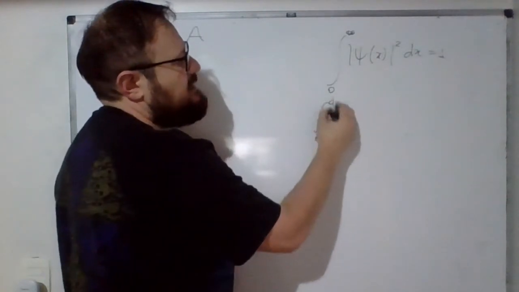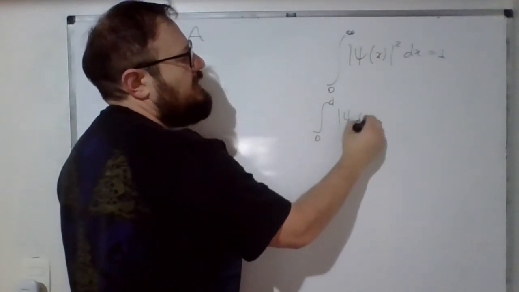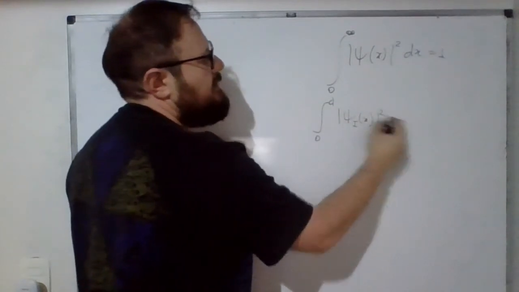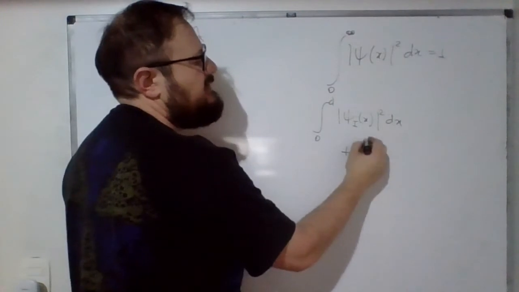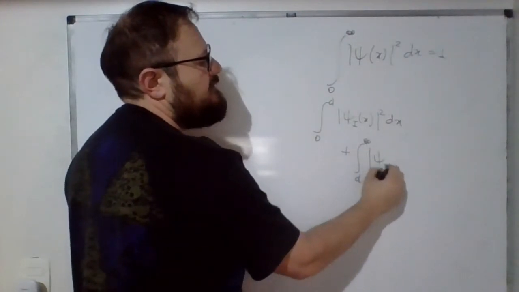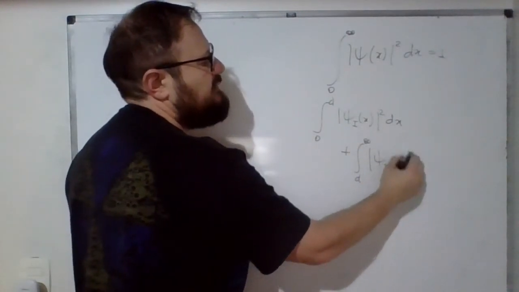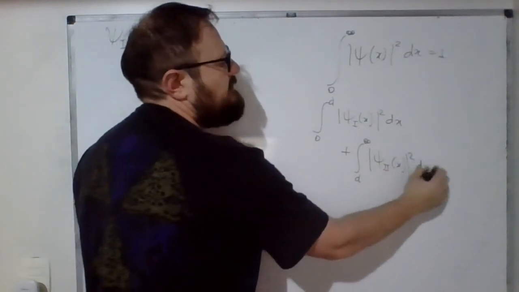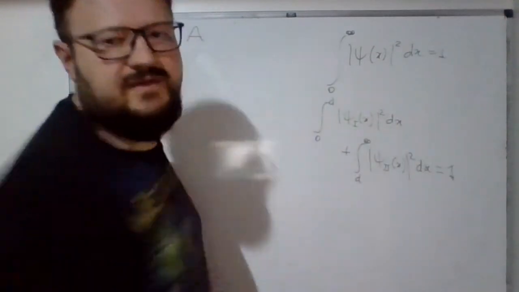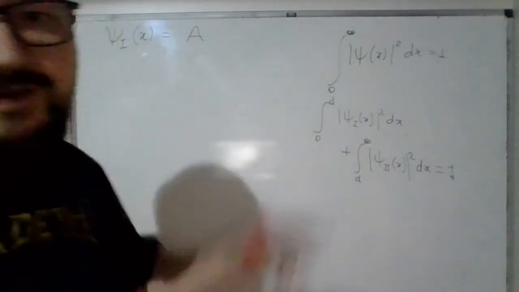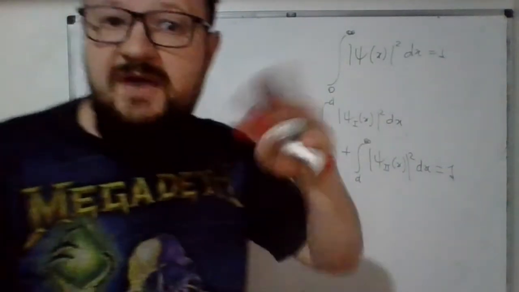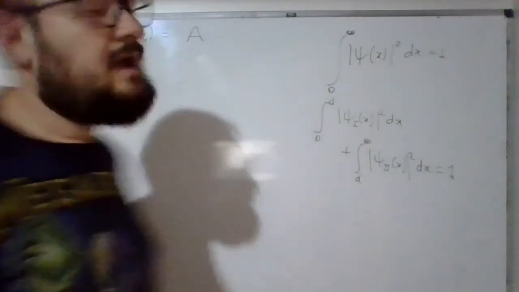From 0 to d you'll have the integral of psi 1 of x modulus squared plus an integral from d to infinity of modulus squared of psi 2 of x dx, and this sum of integrals must be unity, must be 1, because the probability of finding the particle must be 1, all right?